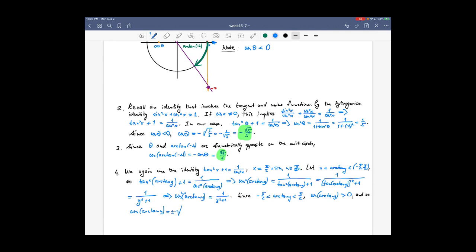Technically, it's plus minus, but we should take the plus sign because cosine of arctangent is positive. So that finishes part 4 of this problem.